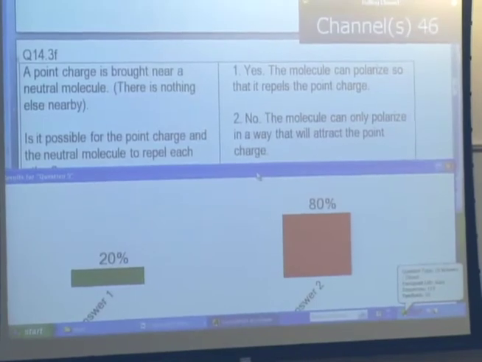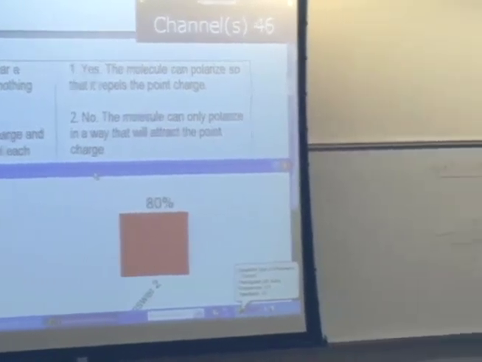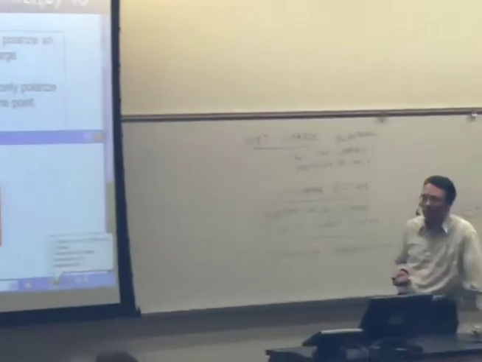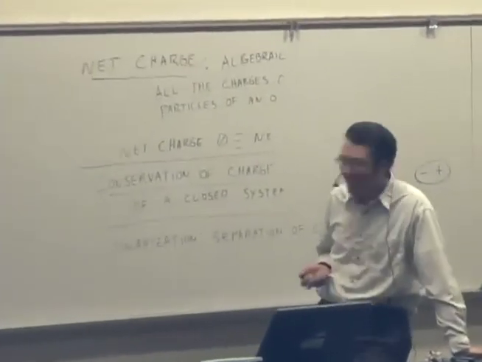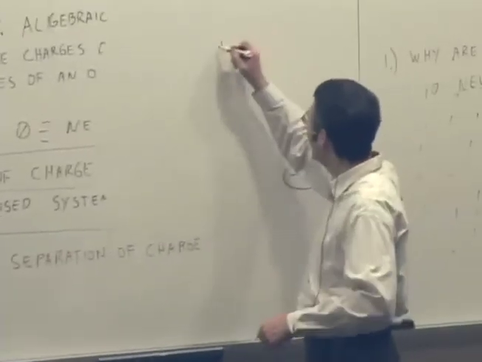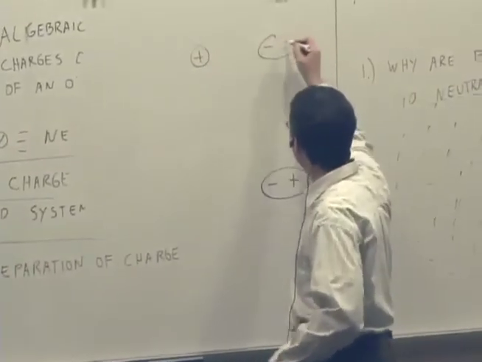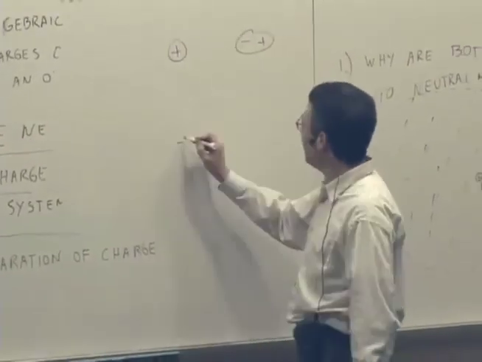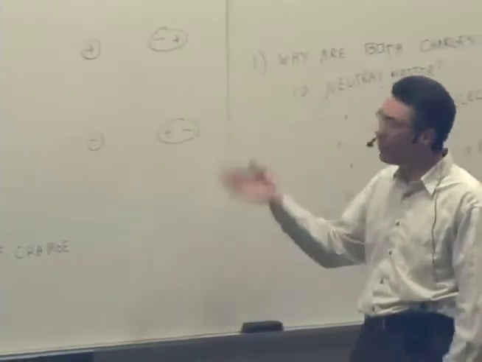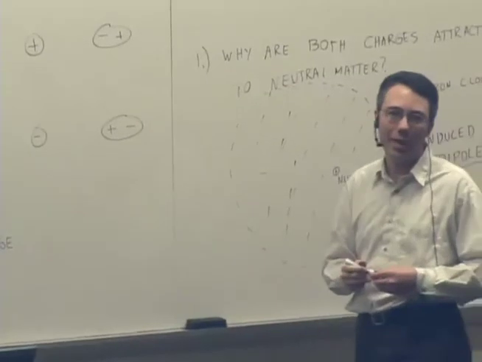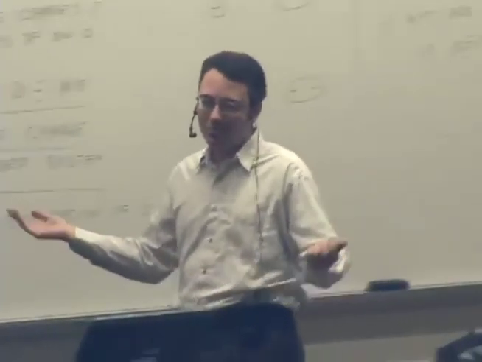We pretty much exhausted the possibilities with the previous two examples. Bring a positive charge near a neutral molecule, it polarizes in such a way that we get an attraction. Bring a negative point charge near, it polarizes the opposite way, but we still get an attraction.